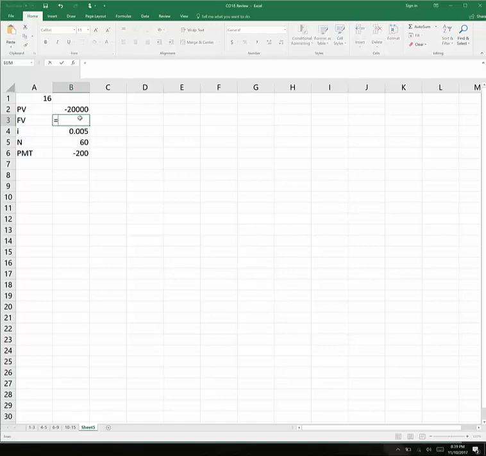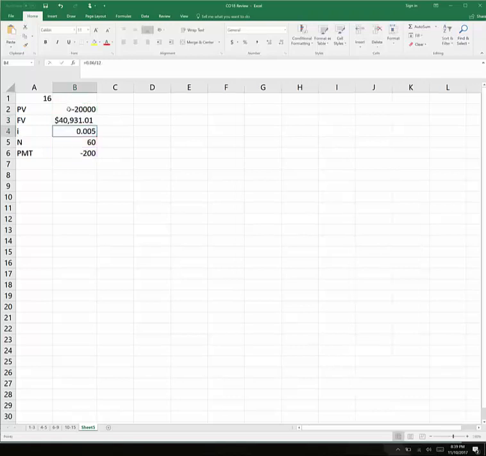So for future value, we use that function with the rate, the number of periods, our payment, and our present value. And you end up with about 41,000. So you do put in the present value and the payment, both with negative numbers to come up with this future value.